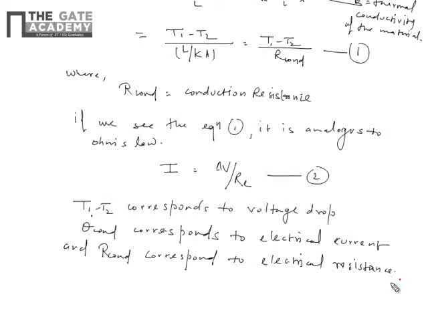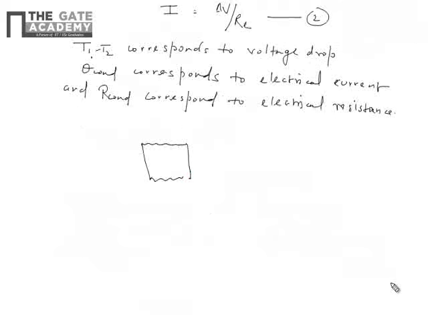So, if we have a wall whose conduction resistance is known, then we can draw an electrical network. This is R conduction and this surface is maintained at temperature T1 and T2.